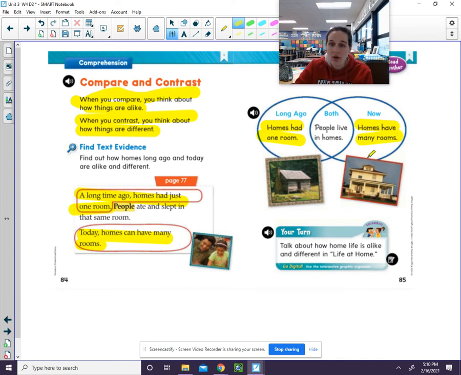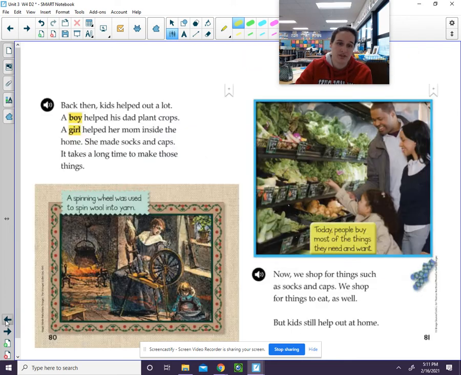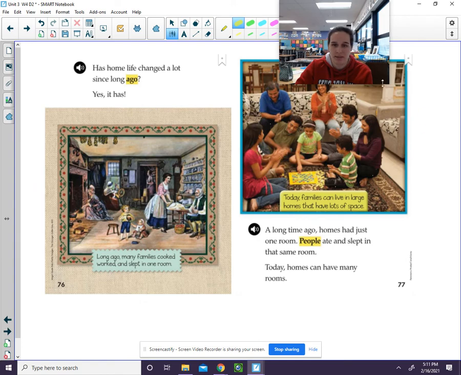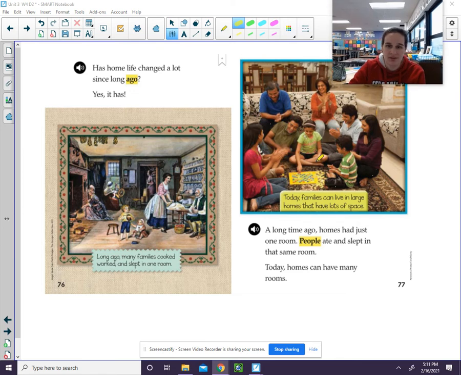But what do we know about these things that they have in common? Well, long ago and today they live in homes together. I bet we could find one other thing to compare too. If we look back at this picture, we see that this is a one-room house. This house probably has many rooms, but what do you notice about the people?